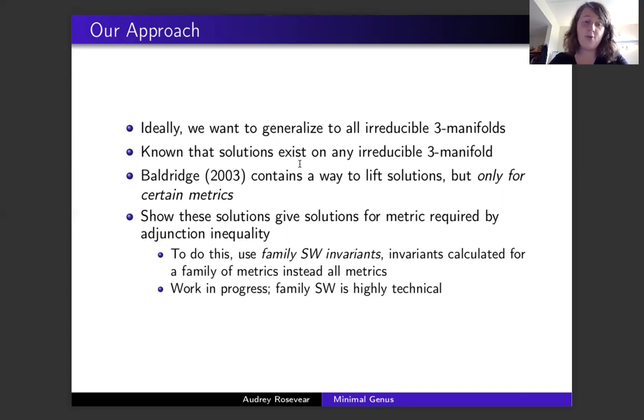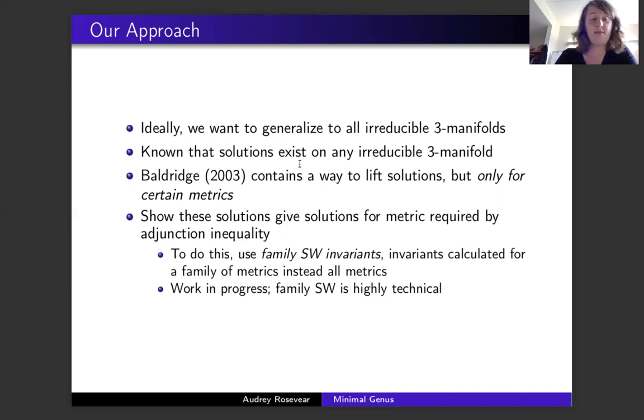So our current approach is we're trying to use a new-ish type of invariant called the family Seiberg-Witten invariants, which are invariants calculated for a family of metrics instead of all metrics. And this family includes the one that we want. So if we can prove that these are non-zero, we get solutions for the metric we want. This is a work in progress.